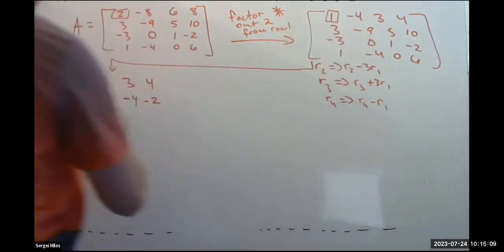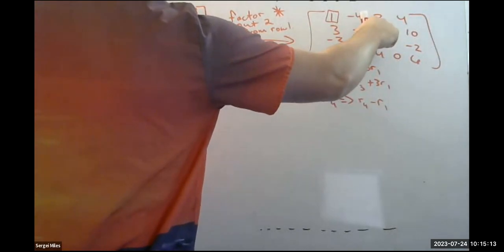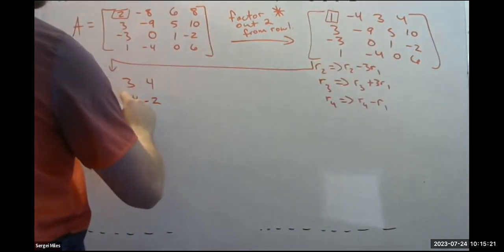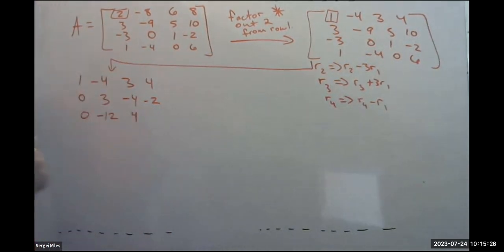Times 3 and add, -12. Times 3, or no, sorry, times 3 and add. 3 plus 1 is 4. Oh, there might be a typo in the example that's on the board or in the lecture notes.